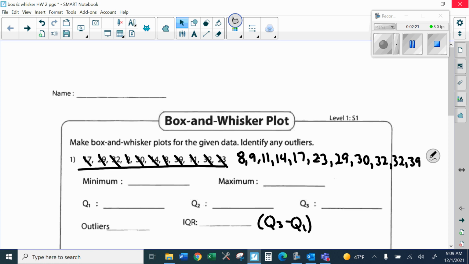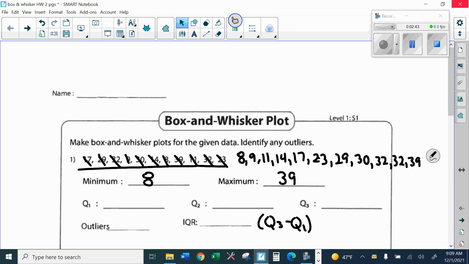All right. So minimum, maximum, that's easy. Minimum is 8. Maximum is 39. Now, when there's an odd number, as there are 11 here, there's an exact middle number. So it's number 6. If I add 1 to 11, that's 12, divided by 2 is 6.